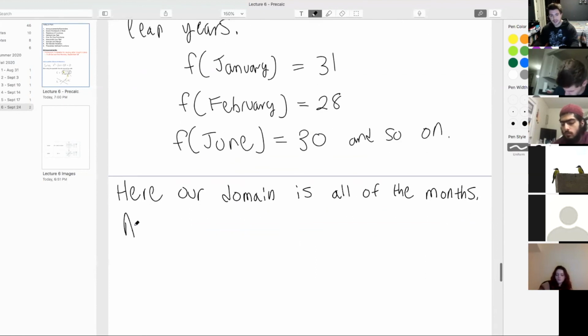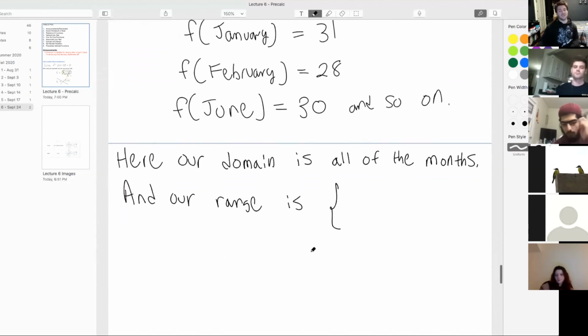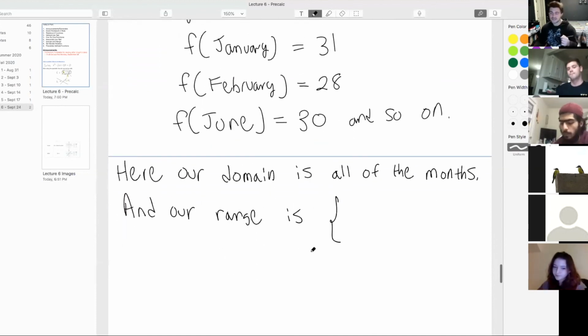And our range is all the possible outputs. The only possible choices for number of days for a month to have are 28, 30, and 31.